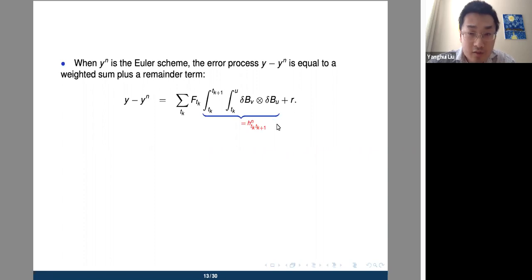In this summation, the summation will be the dominating term. It will dominate the error. And in this summation, this capital F is our weight process. And the second term, I will denote it by Hn. And this is a double square root integral.